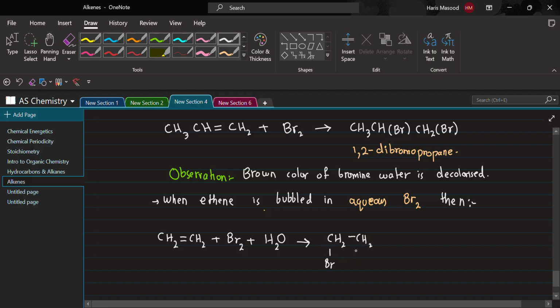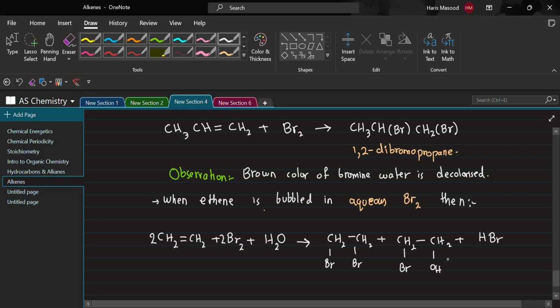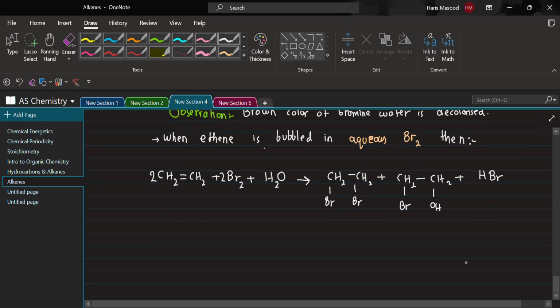You will be getting two bromines on both sides, and you will be getting another ethene molecule which will have one bromine and one OH attached to it. And the hydrogen that was left from the water will react with the one Br that was there. So this is one sort of reaction that can happen, and it usually happens at room temperature. Okay, clear?